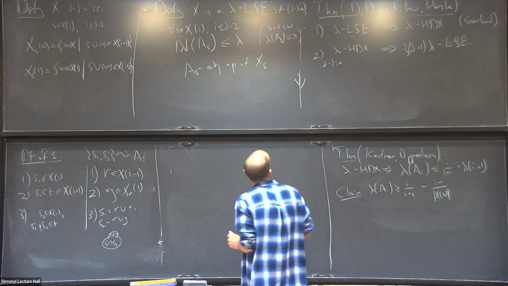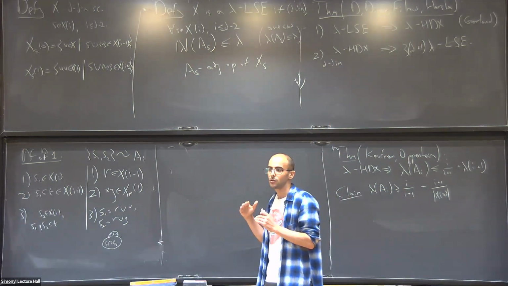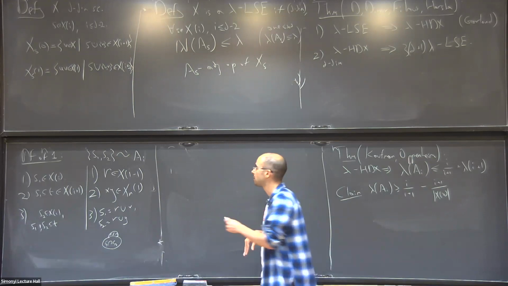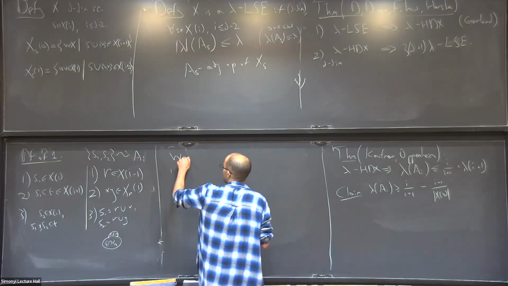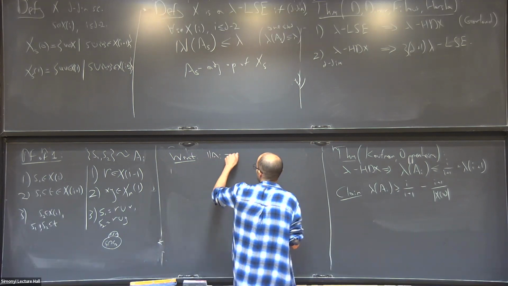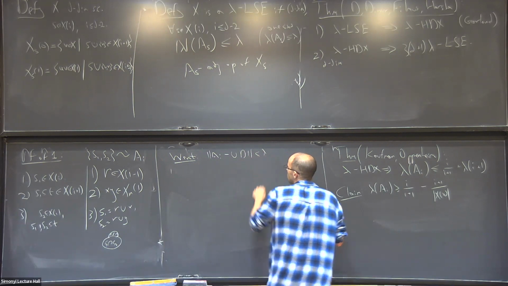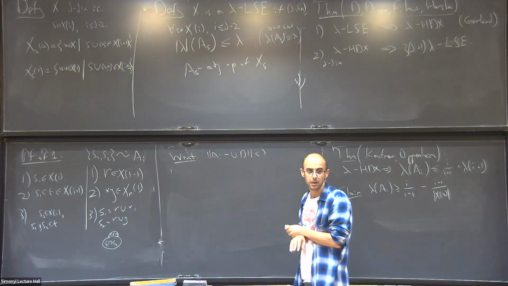Okay, so back at our theorem, we have a local spectral expander, and we need to prove that A_i minus the appropriate down-up operator has norm less than or equal to lambda, for the appropriate lambda.